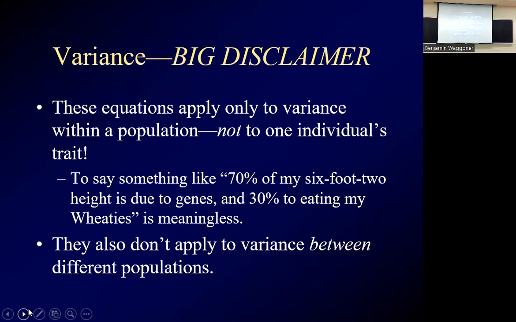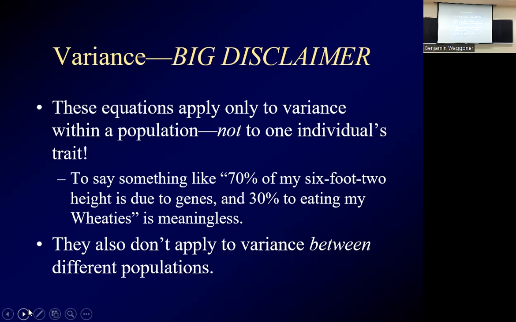If I'm 6 feet tall, there is no meaningful way that I can say, well, I got about 5 feet of my height from genetics and the other foot from eating weeds. That's meaningless. You can't apply this to an individual. There's no way you can say my IQ is such and such, and 80% of that comes from the fact that I've got smart parents, and 20% of that comes from the fact that they enrolled me in Montessori school. Okay, it doesn't work that way.